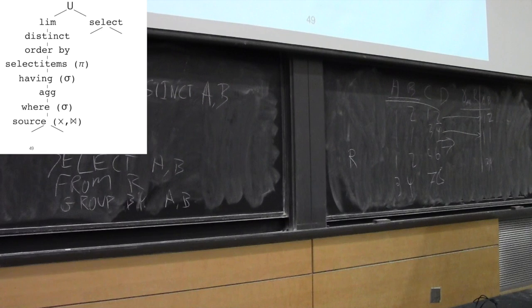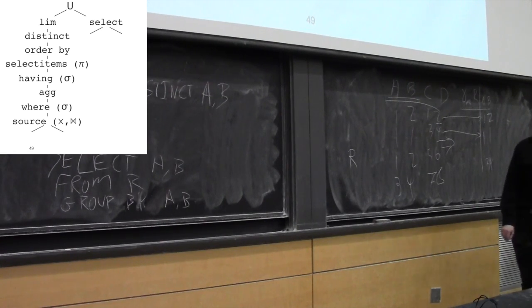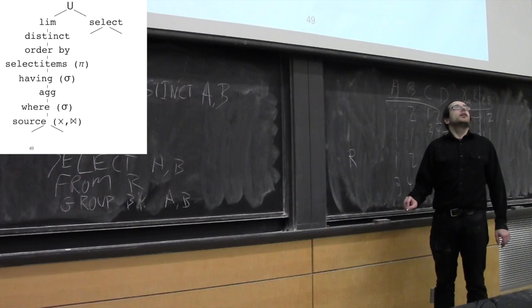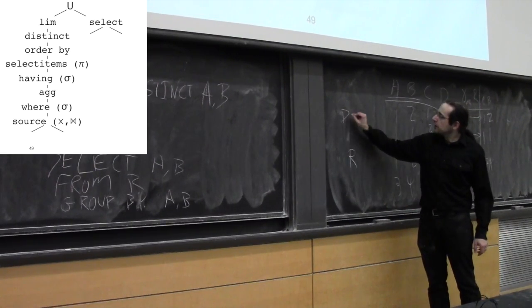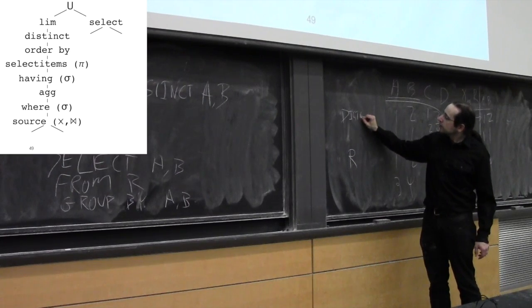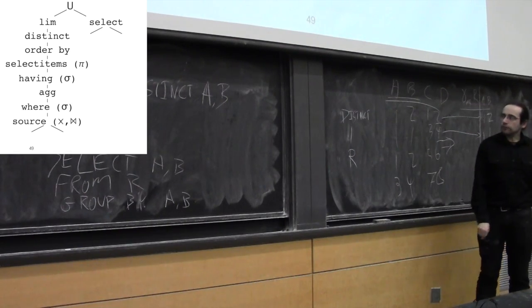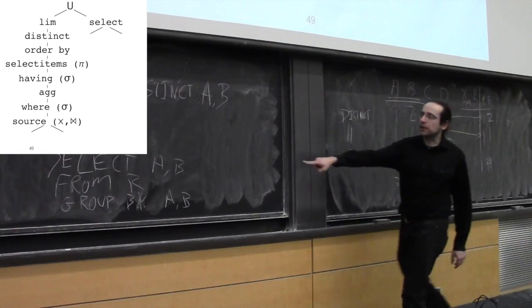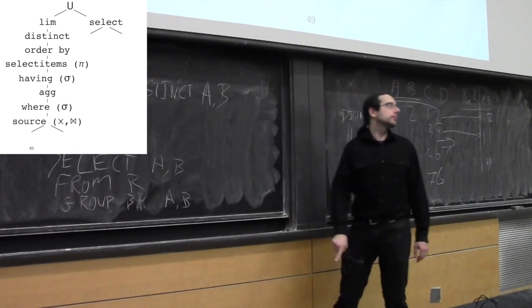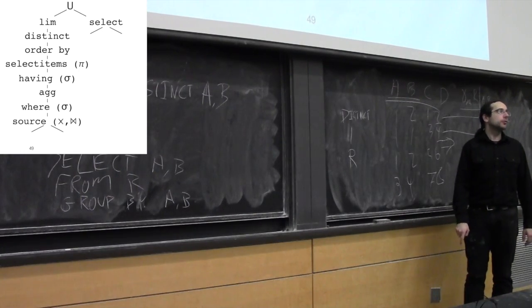Do I have an aggregate? Nope. Can ignore that. Do I have a having? Again, nope. In fact, the only thing on that entire list that I have is distinct. I can't for the life of me remember what the distinct operator is. So I'm just going to do that. All right, what does this one look like? Where do I start?